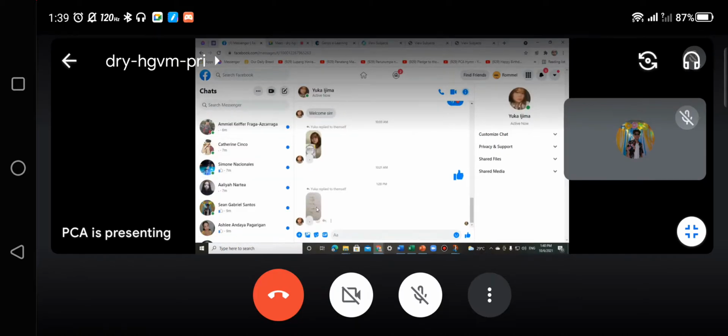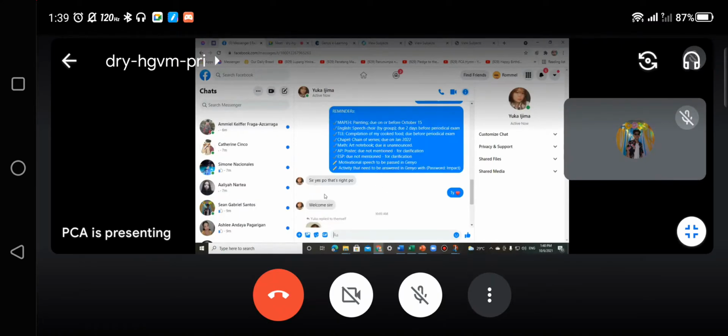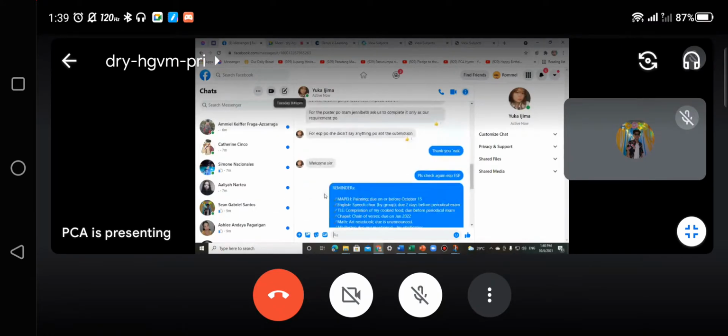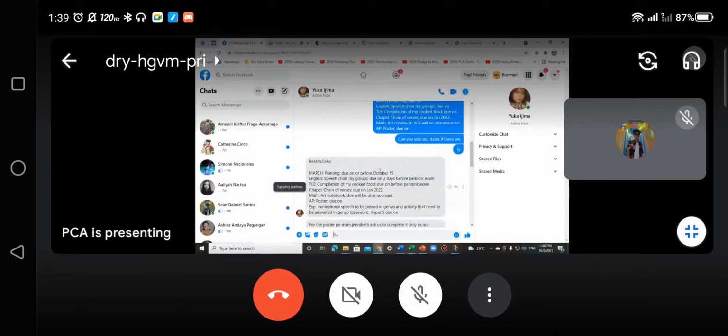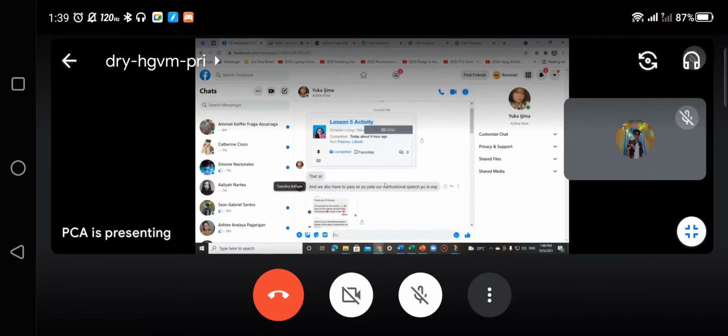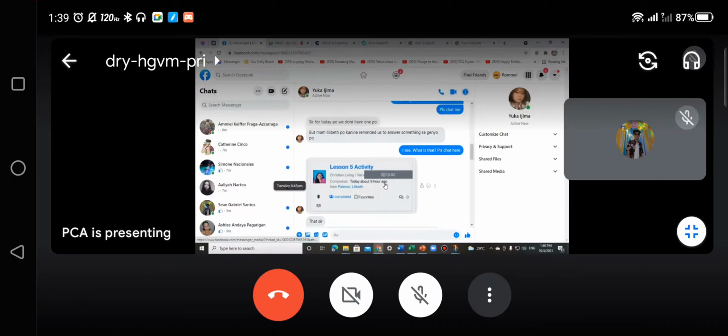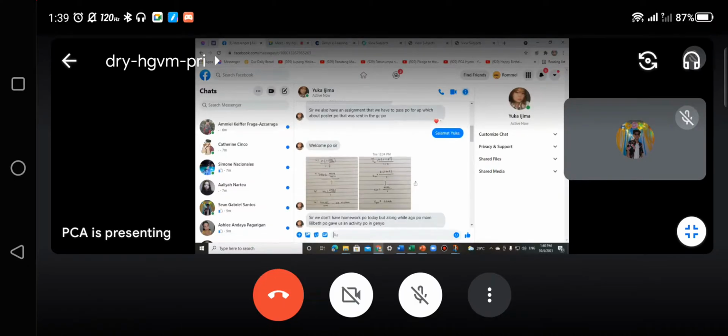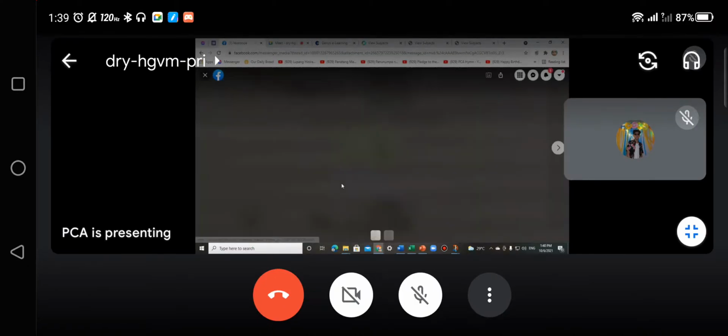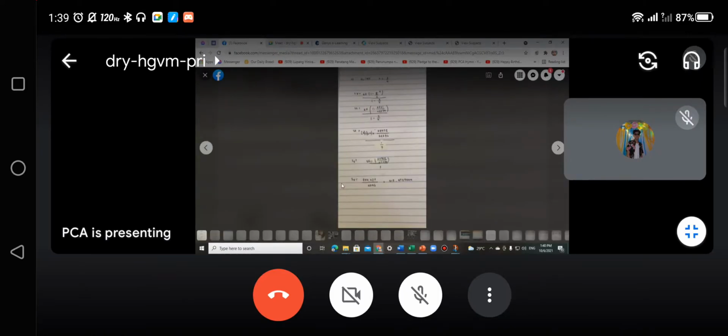Okay. Tingnan natin yung kay Yuka. Ayan. Si Yuka ang nag-provide niyan. Ang mga reminders na yan. Okay, tignan natin to, ha?